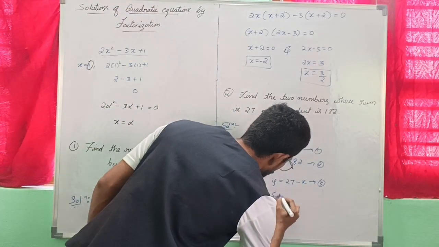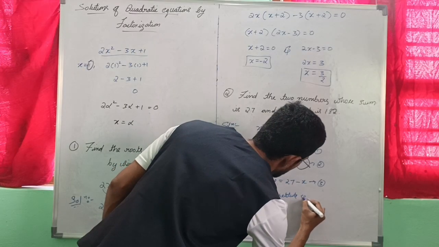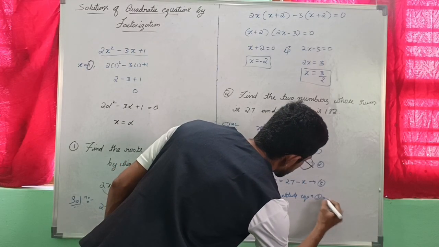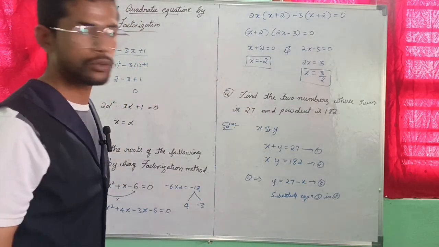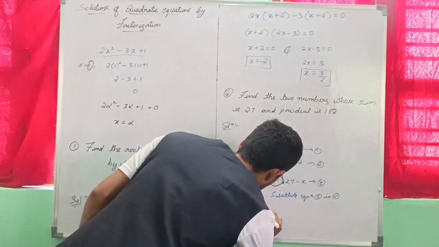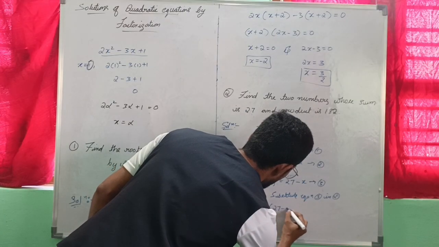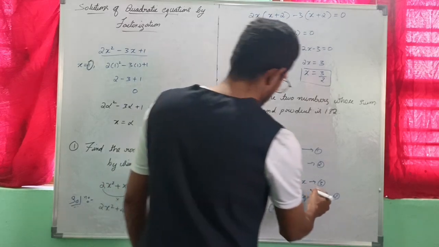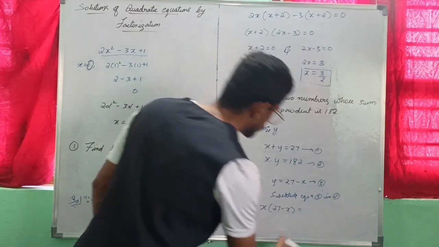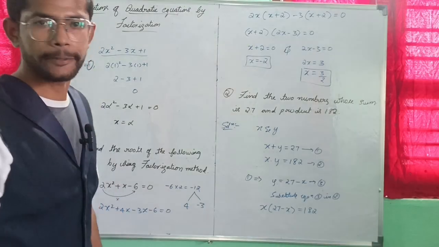Let's substitute equation 3 into equation 2. We get x into 27 minus x is equal to 180.